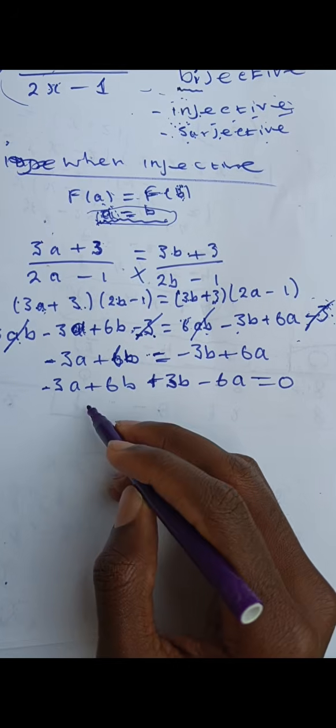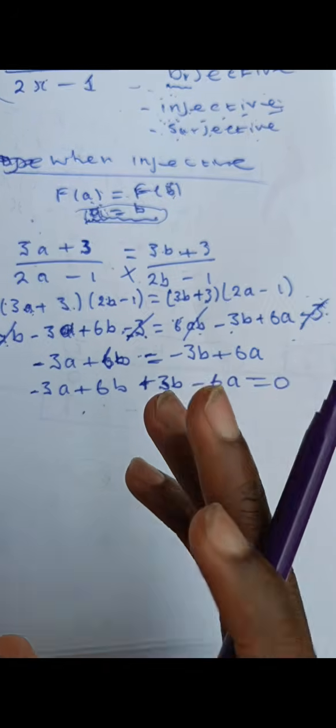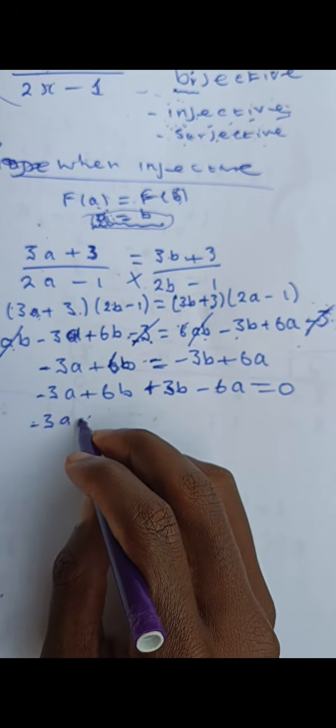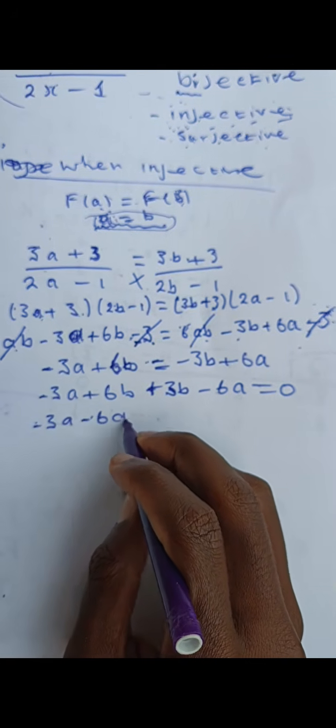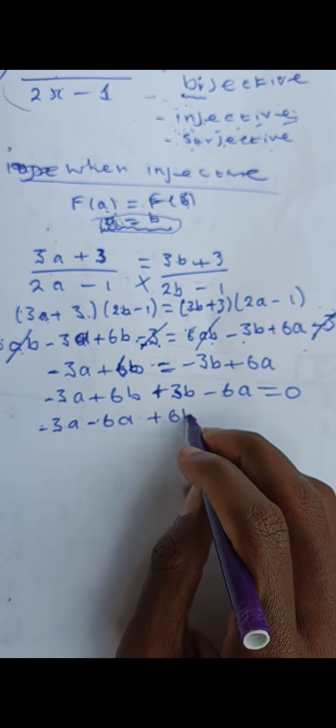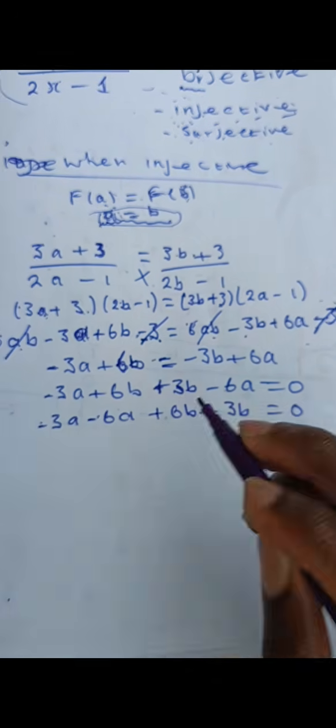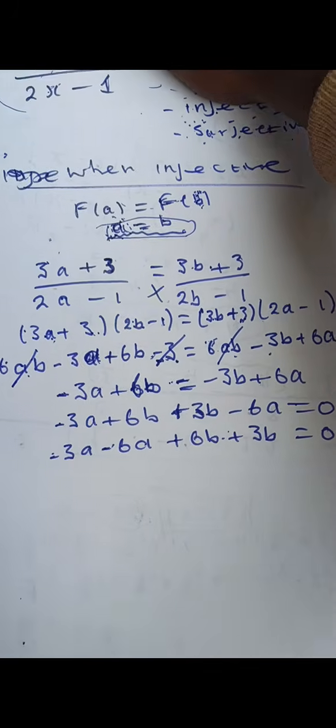Okay, so those which can subtract each other, the like terms. In short, let me just say arrange the like terms. So we have 3a. Let's arrange it with negative 6a. Then 6b, arrange it with positive 3b. Now let's add or subtract the like terms.